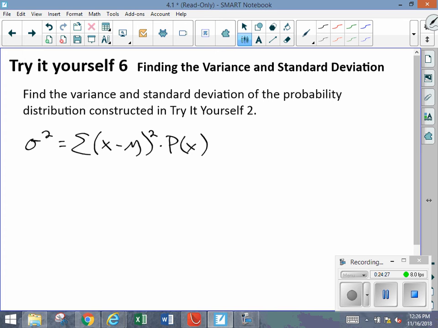Cool? So we'll just fill in the first one, right? That says that we'll have 0, with the 0 sales, minus the mean sales squared times, what was the probability of 0 sales? It was 0.16.